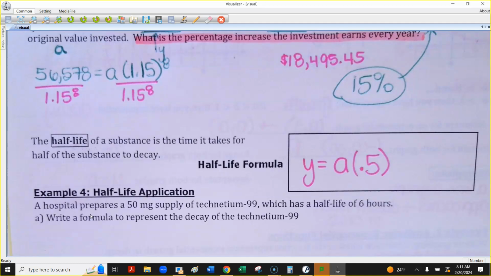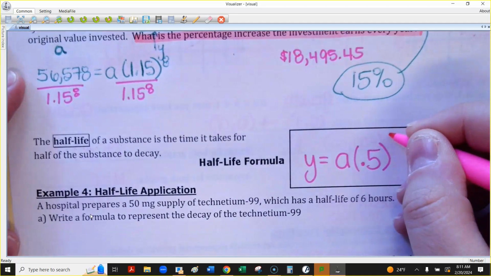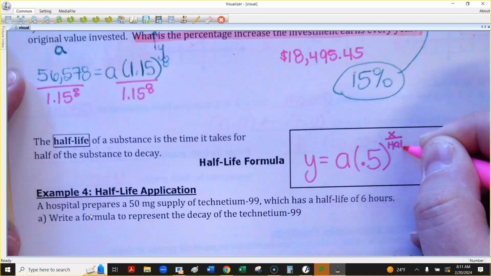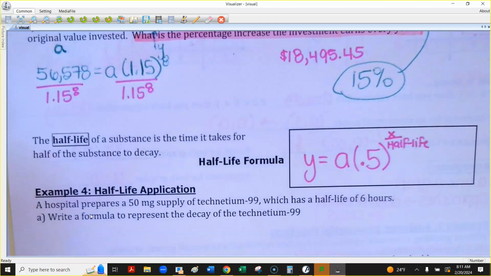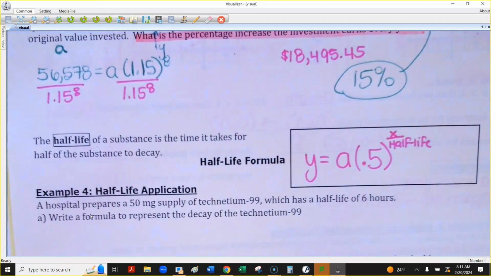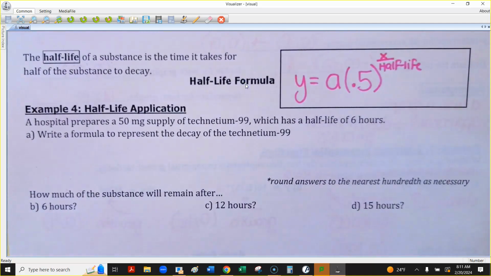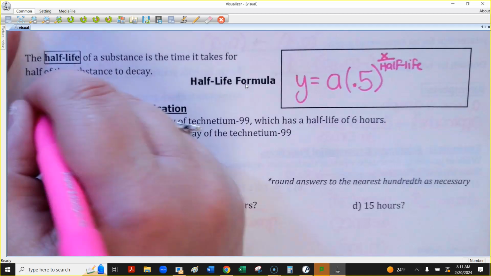So anytime you do a half-life formula, you don't have to figure out the B value. It should just be a half. Now, the other thing that's a little bit weird here, the exponent's just a tiny bit different. Instead of just being a plain x, it's x over whatever the half-life of the substance is. Okay, and I'm just going to make one little note on this. X is time, right?